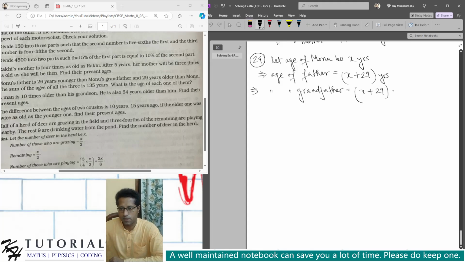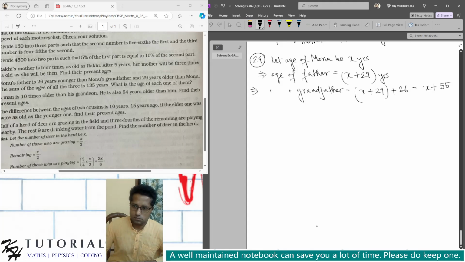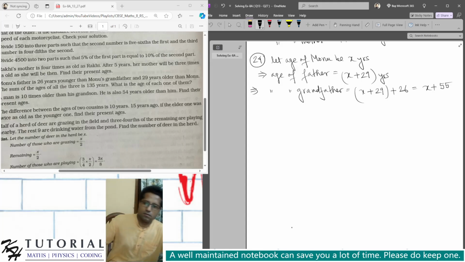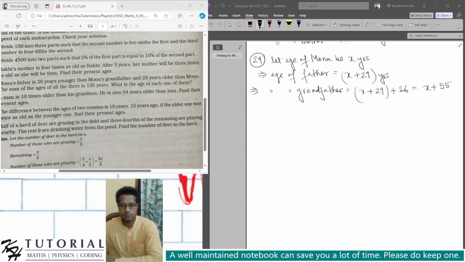So x plus 29 plus 26, which is equal to x plus 55. So we now have the age of Monu as x years, the age of father as x plus 29 years, and the age of grandfather as x plus 55 years.